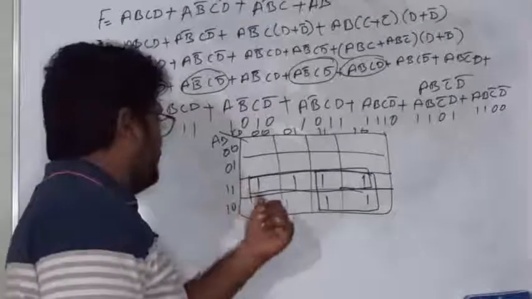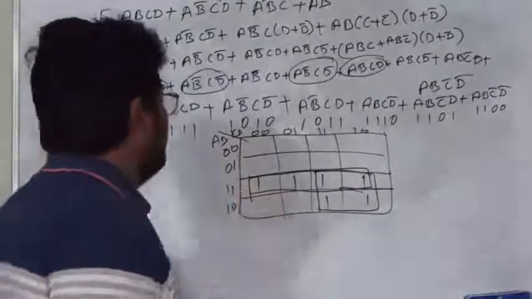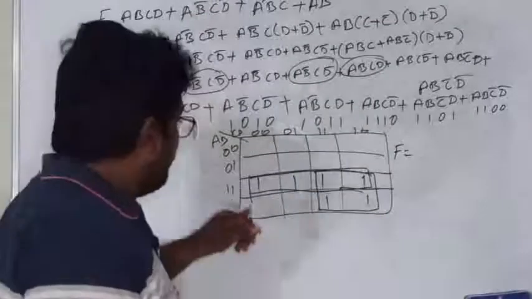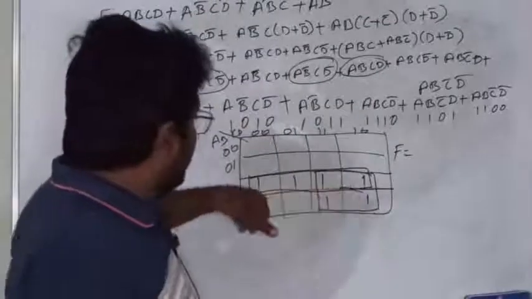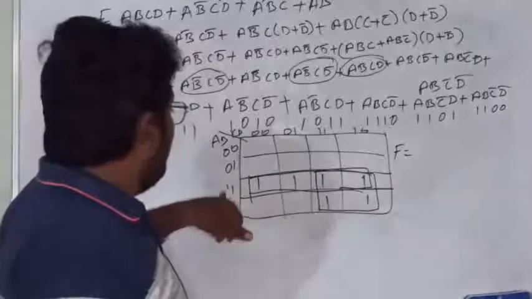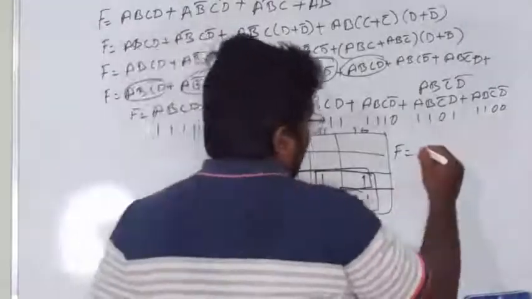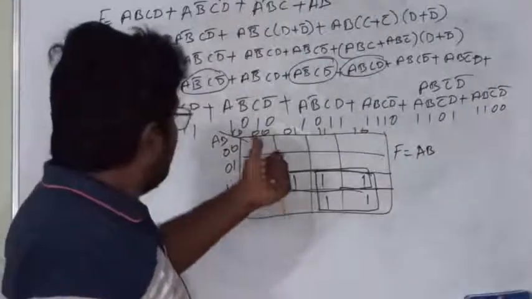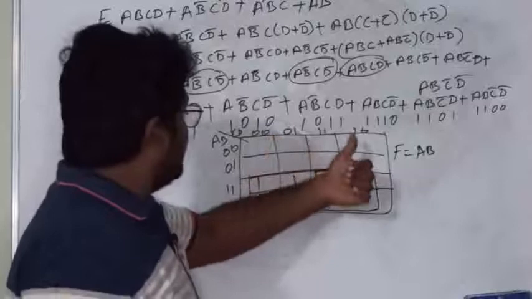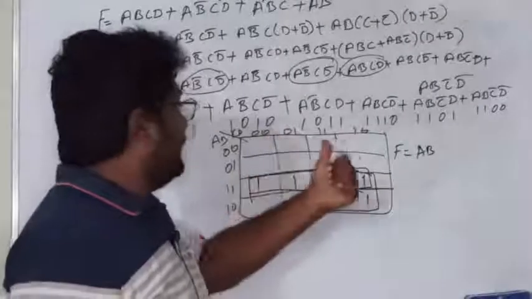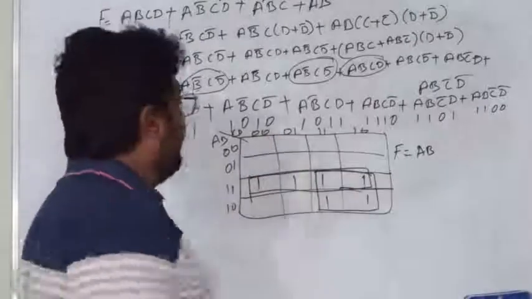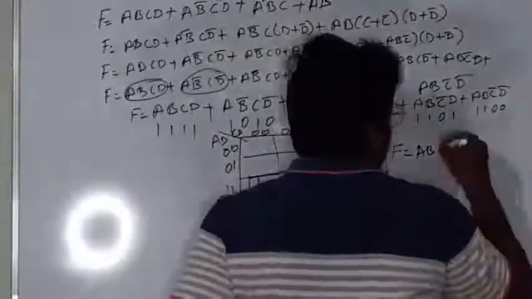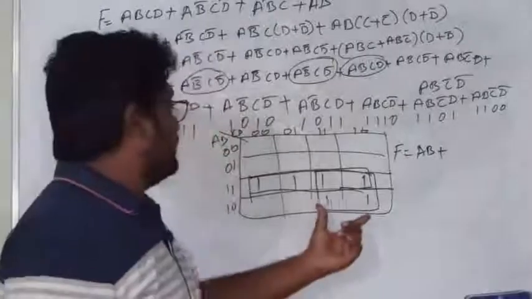So now F will become, first take this quad. A and B values are similar, AB, that is 1, 1. And for CD, all values are varying, 0 to 1, 1 to 0. So eliminate those values.